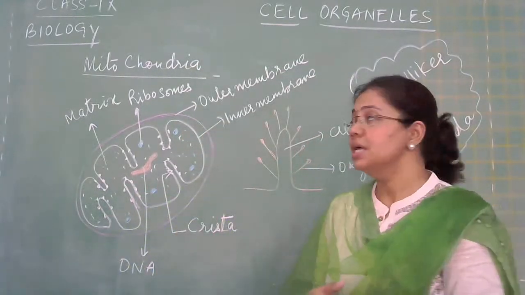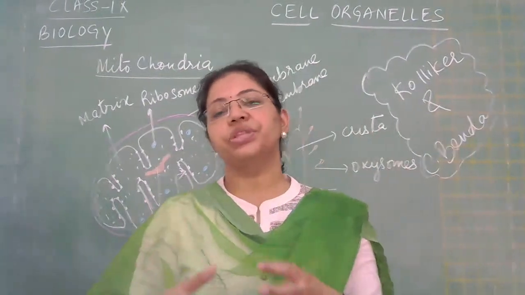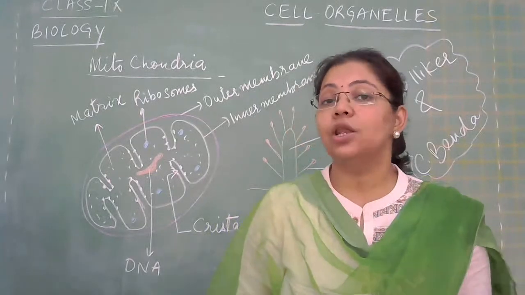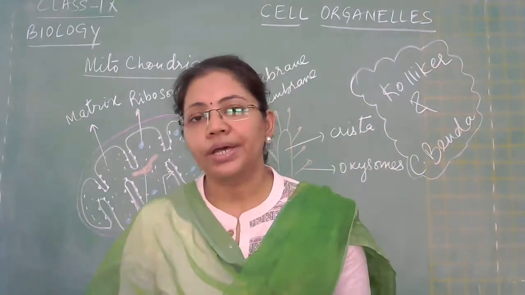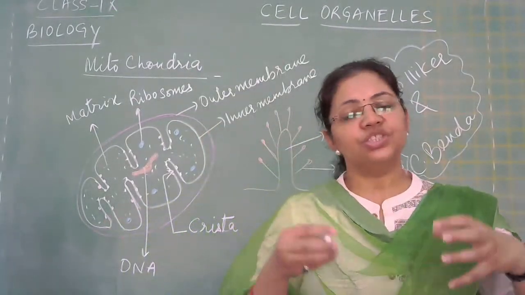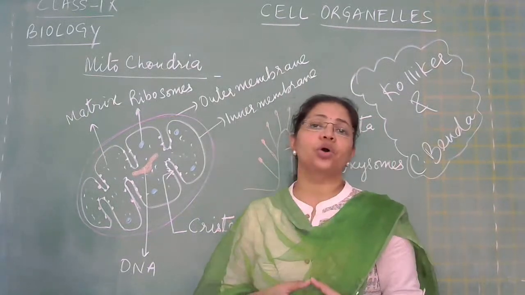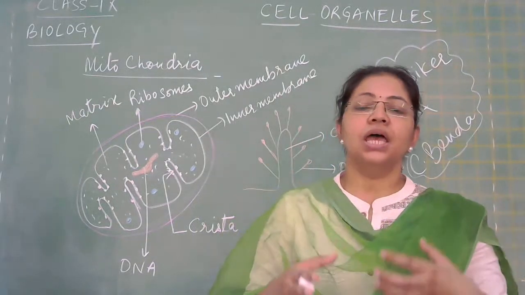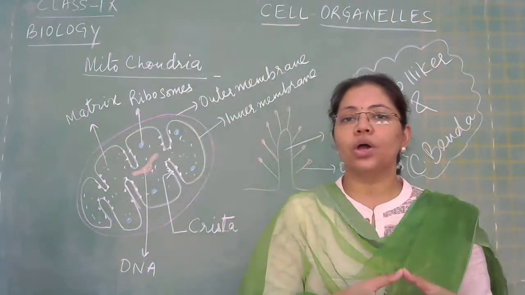So students, in the last class regarding cell organelles, I first discussed what cell organelles are. And there we learned that cell organelles are membrane bound structures which are an important component of a eukaryotic cell, right? And then we started the discussion of various cell organelles.